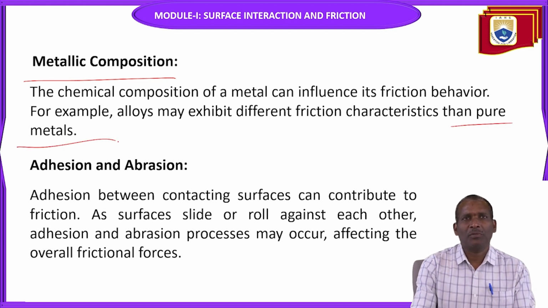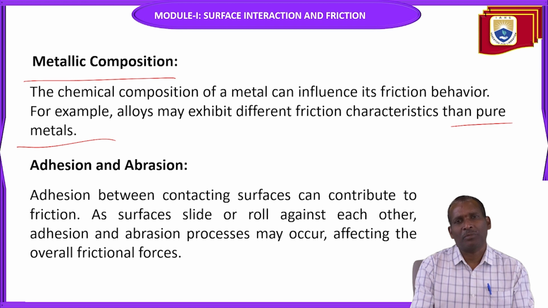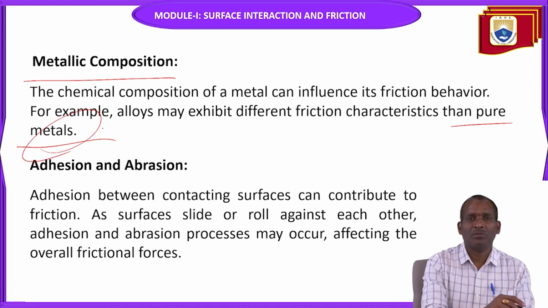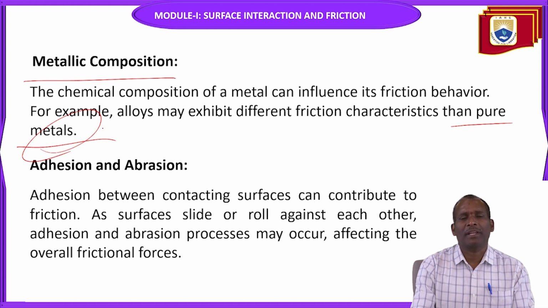Suppose you take a pure metal, so pure metal has some friction characteristics. Take another alloy, it exhibits different friction properties. Why? Because the pure metal has no combination of other materials. With the composition, the properties will change.